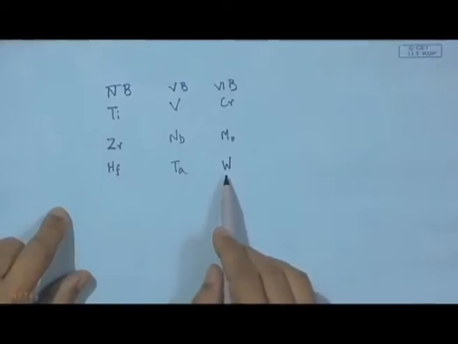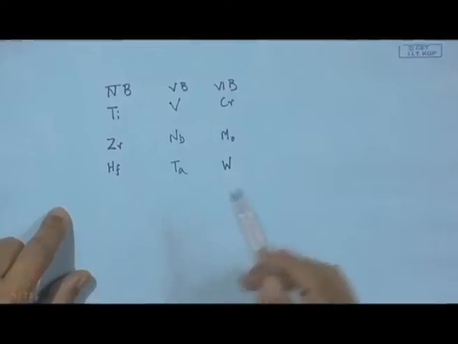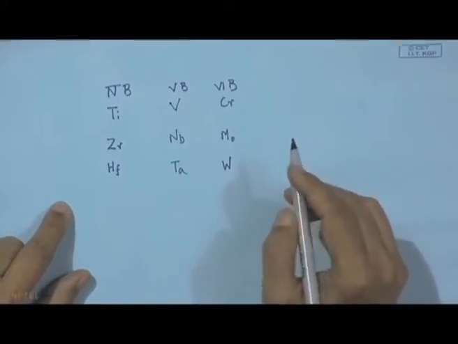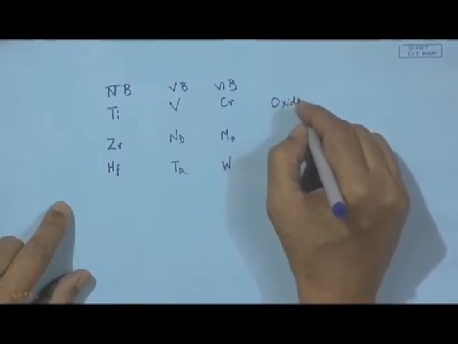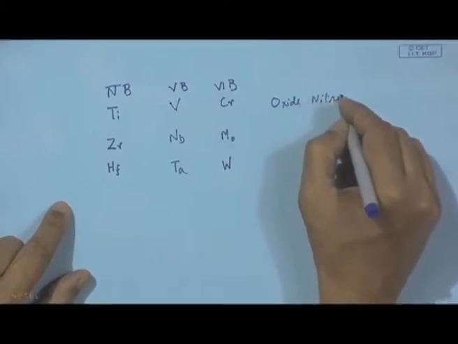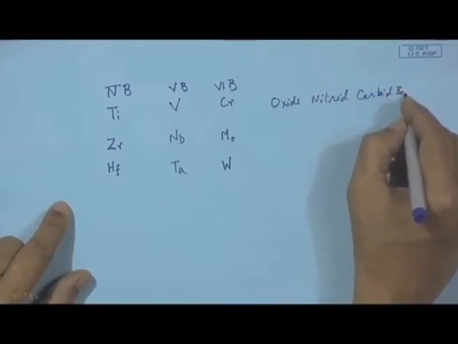Now, here one should look into whether this particular element, whether it is titanium or tungsten or anything, can react with the surface of the ceramic, which can be oxide, nitride or carbide or even boride.